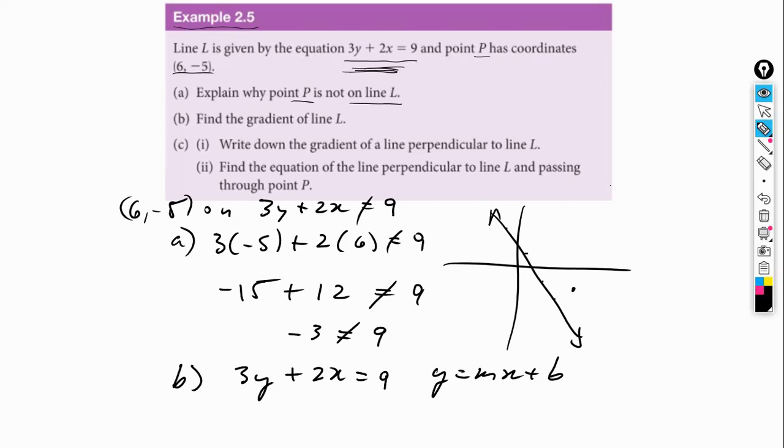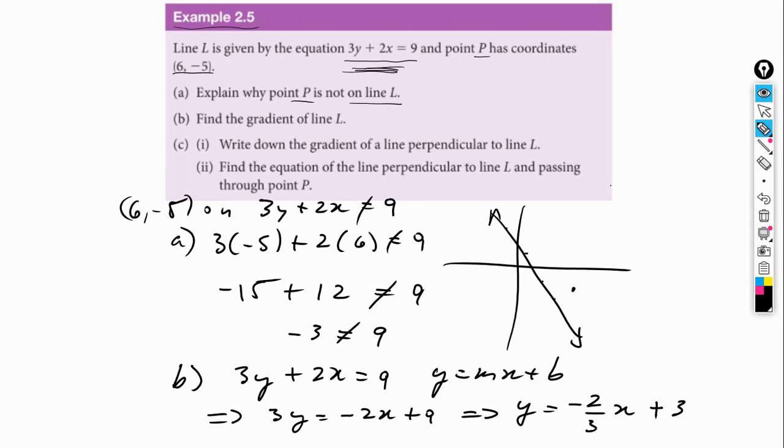So that's the same as saying that 3y is equal to minus 2x plus 9. And then if we divide both sides by 3, we're going to get that y is equal to negative 2/3 x plus 3.